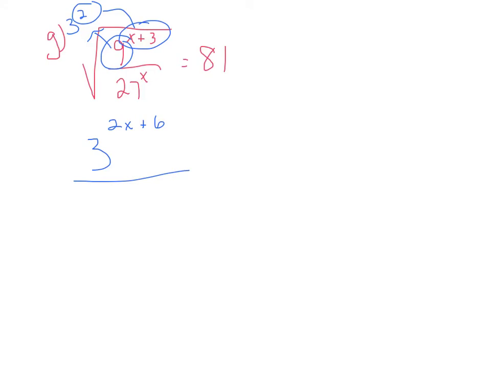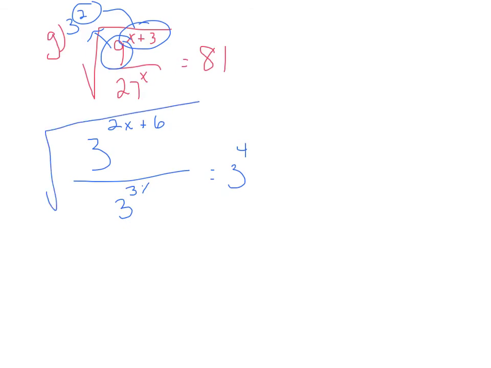The bottom is really 3 to the 3x power. I'm taking a shortcut, skipping the step where I write 3 to the 3 to the x. I think you guys know by now that you're supposed to multiply those powers. And on the right side, it'd be 3 to the 4th power. That's 81. This whole thing is square root.